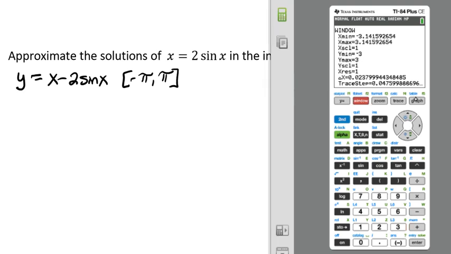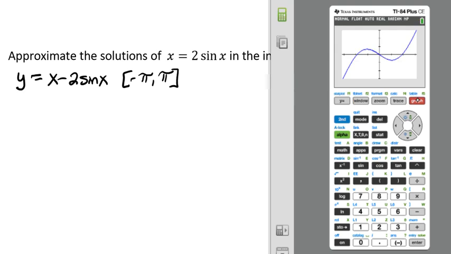And so we'll now go ahead and hit graph, and we see that there are 3 intersection points on the x-intercept. And so we're going to go to second, calculate, and we're going to calculate the zero of the function. And so we need to go to the left-hand side of our first solution point.